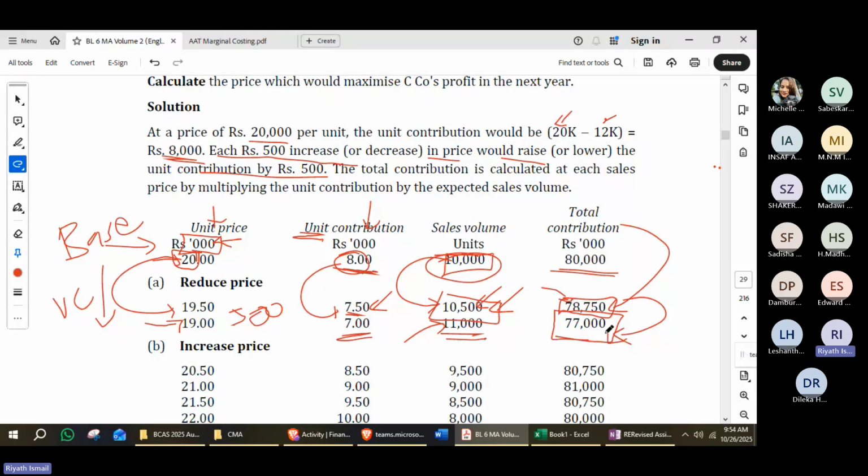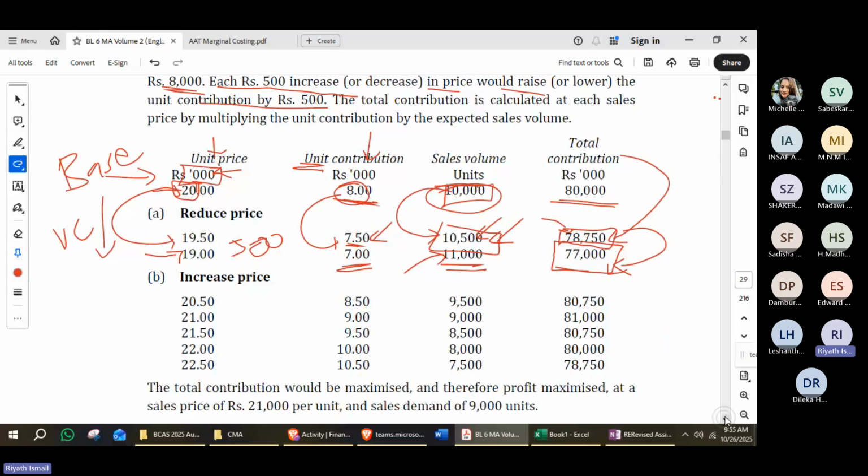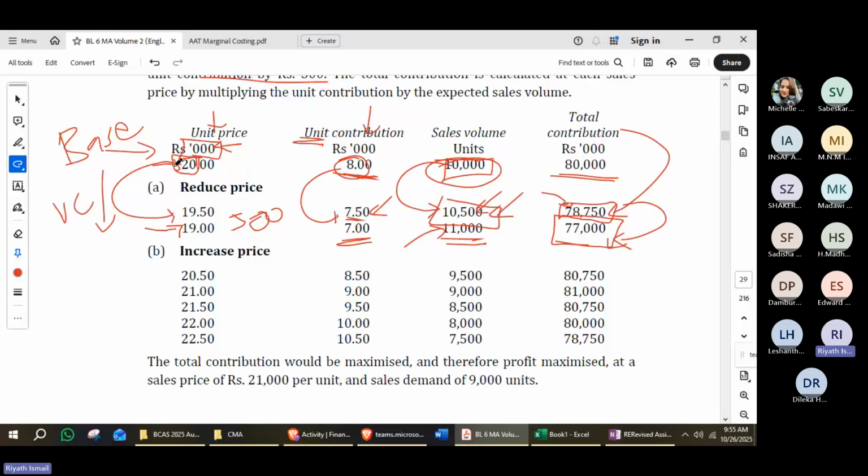Now we look at the increase of the selling price. From the base of 20,000, they increase the selling price by 500, and the unit contribution also increases by 500 rupees, so it is 8,500. Now sales dropped from 10,000 to 9,500.